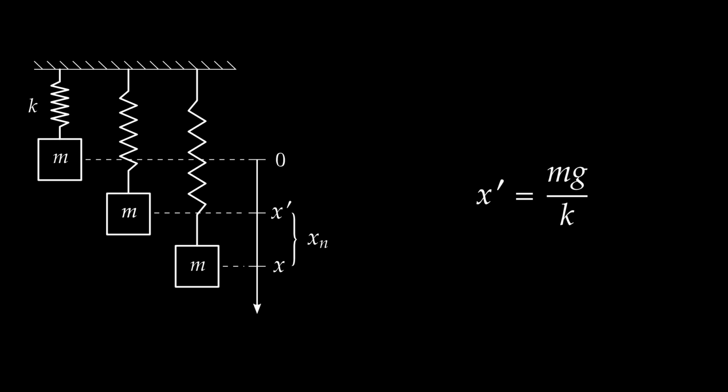What I'm going to do is choose to change the coordinate system. Instead of using 0 as the unstretched length of the spring, I'll call 0 where x prime is, such that this is the new equilibrium position. When I take the mass m and pull it down even further and let it go, it's going to oscillate.